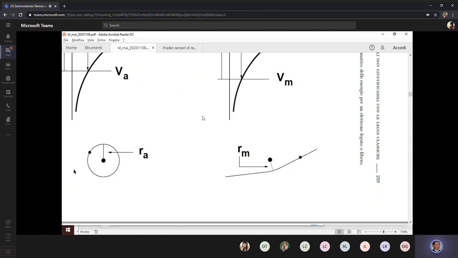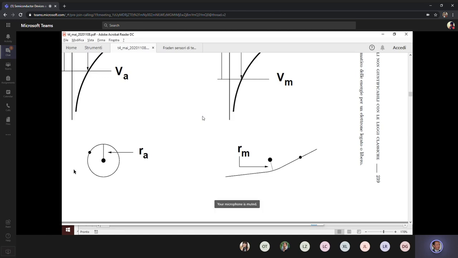Okay, in general it is not so, but the circular orbit is the simplest one. Okay, so we have a star and a planet or a satellite that goes around with a fixed radius that is indicated with RA in this figure.